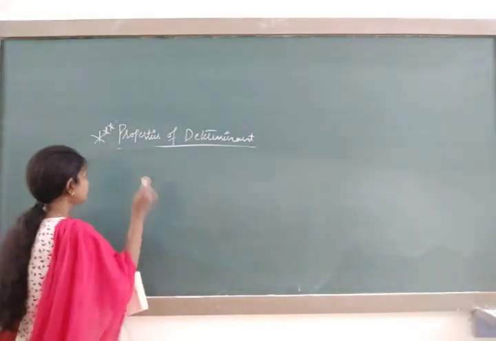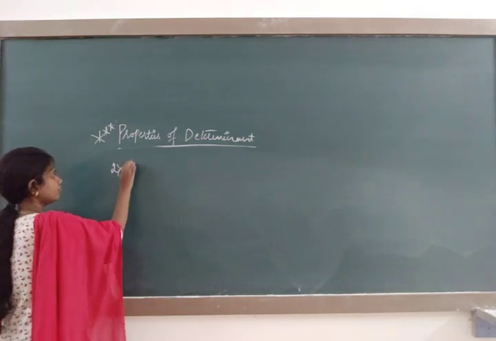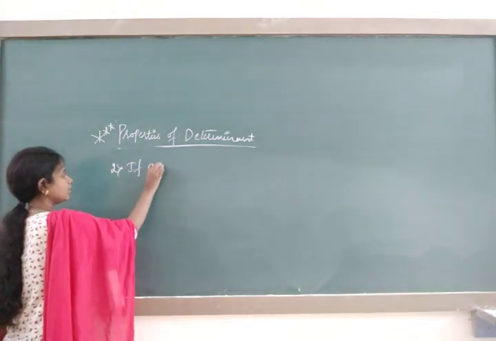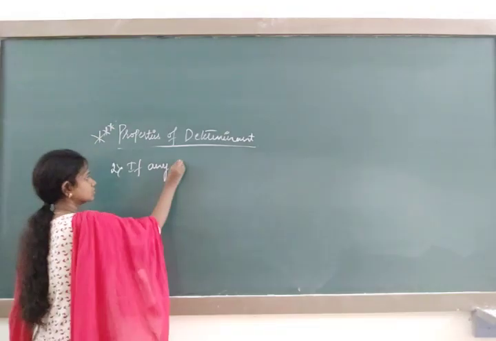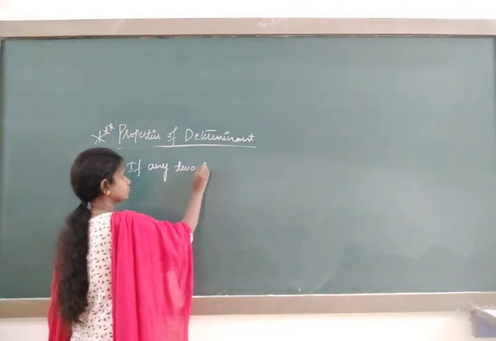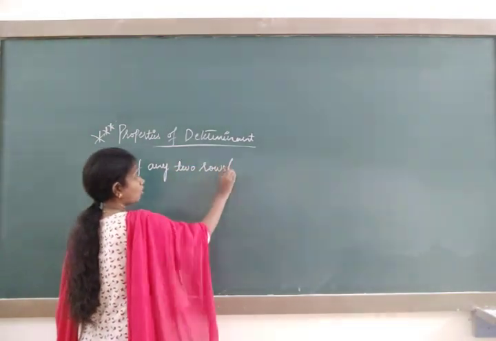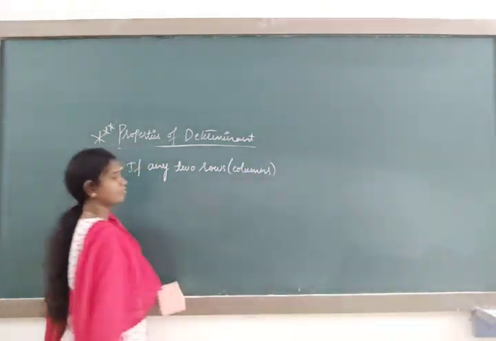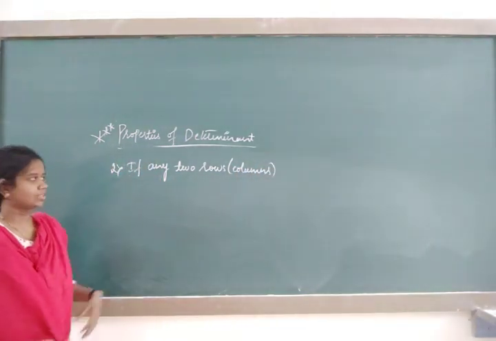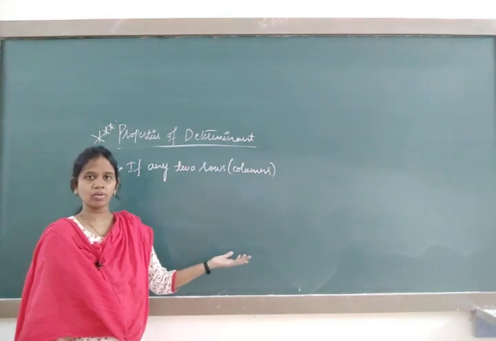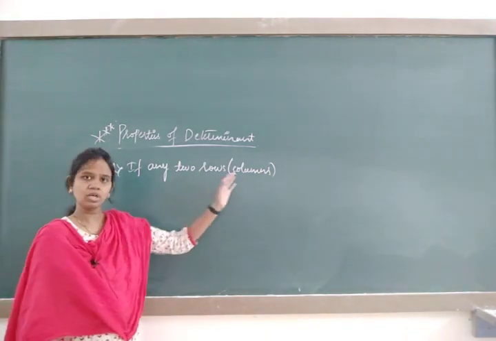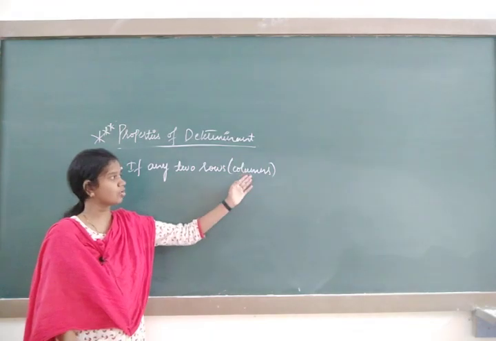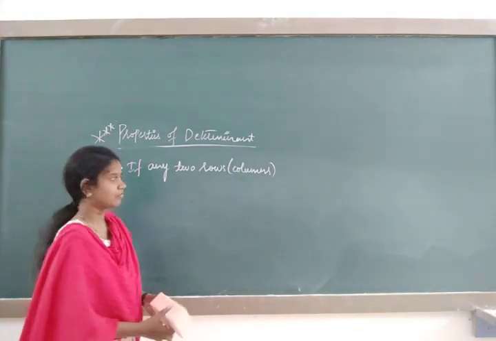So the second property: if any two rows or columns, either you prefer rows or you prefer columns, anyone. If you are preferring rows, you are not going to prefer columns, and if columns, then not rows.